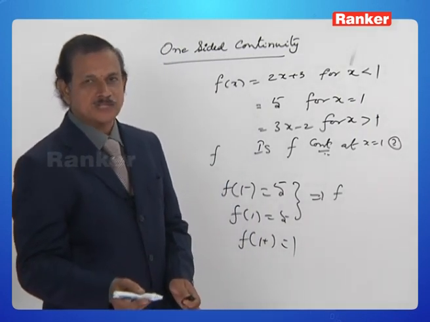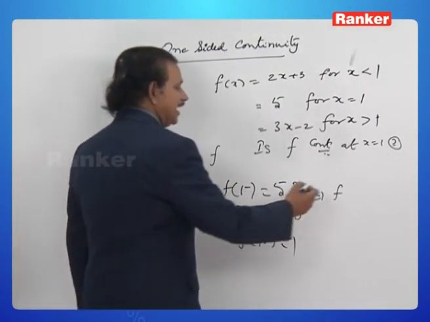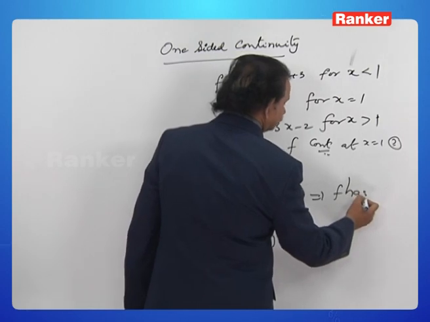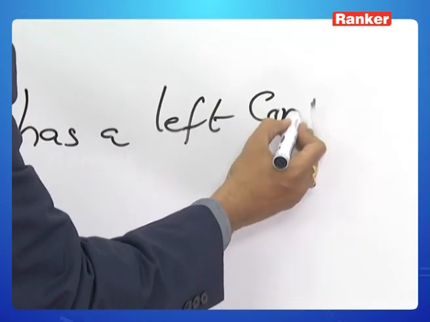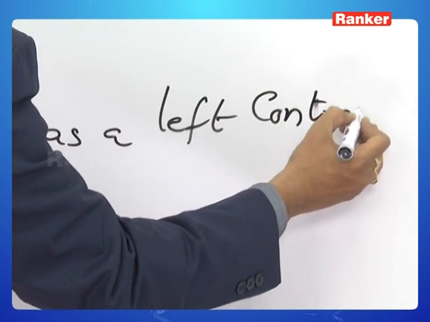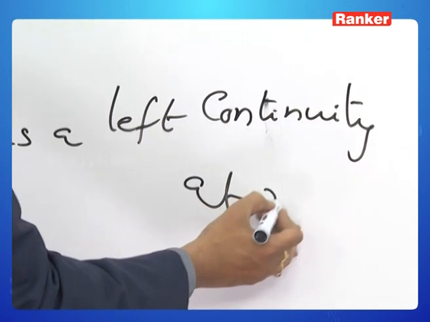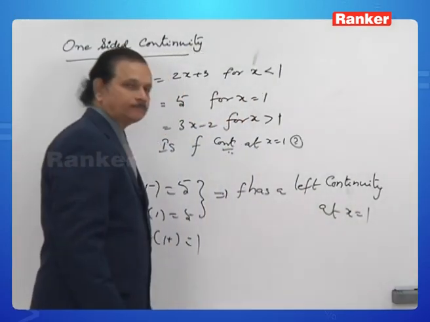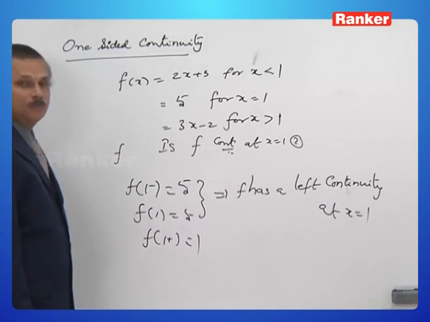From left, because left hand limit is becoming equal to f of 1. So f has left continuity at x is equal to 1.